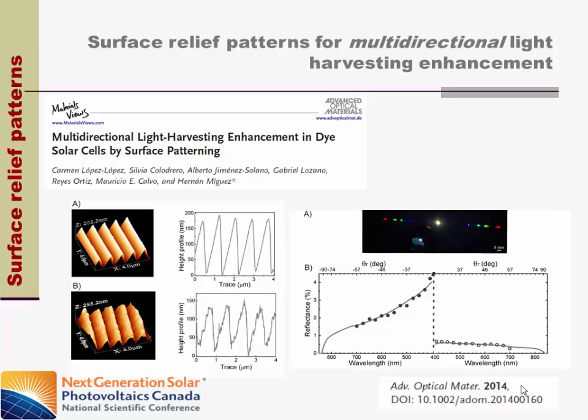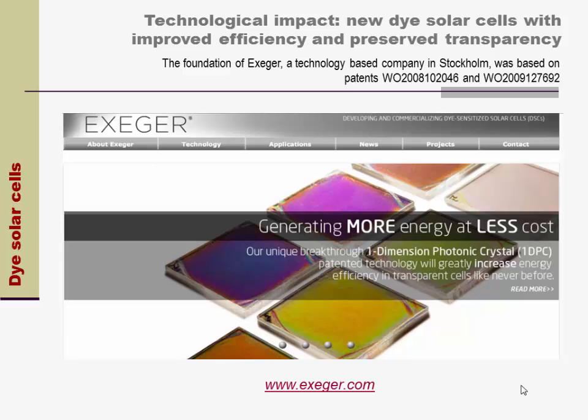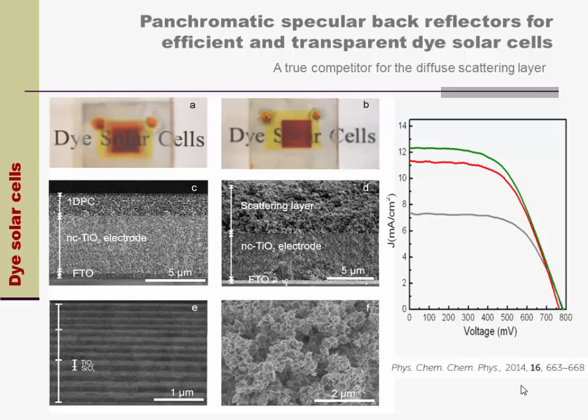I think this is basically it regarding the photonic crystal, and let me go back just a second. In all the approaches that I've been showing you, there's something that I didn't say at the beginning: when you have a cell like this, there's the transparency that is interesting, but there's another thing, and it's that this is a cell that you can illuminate from both sides.